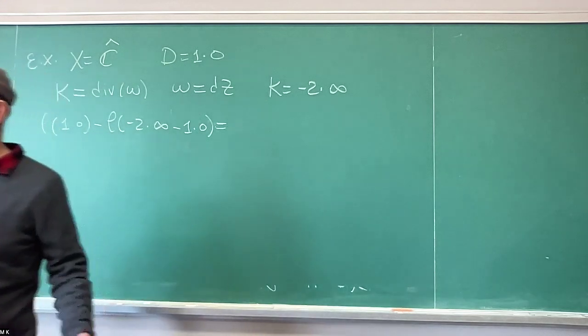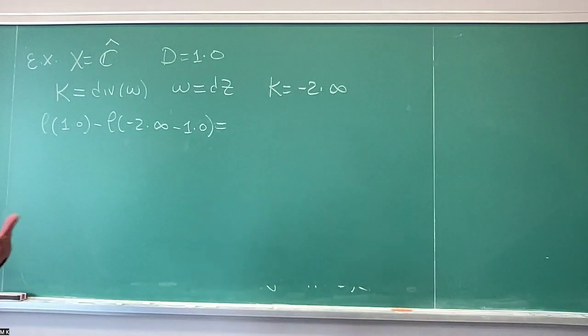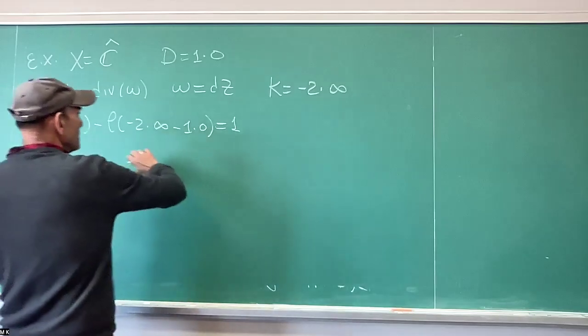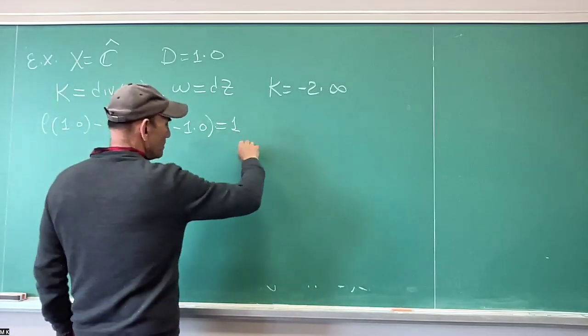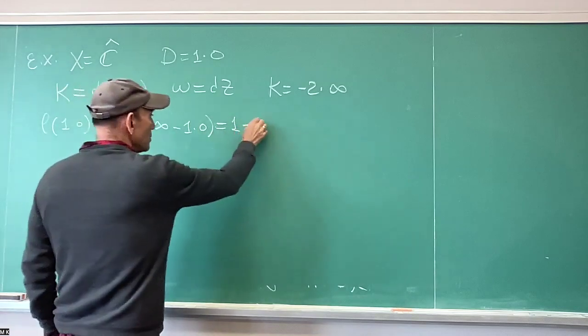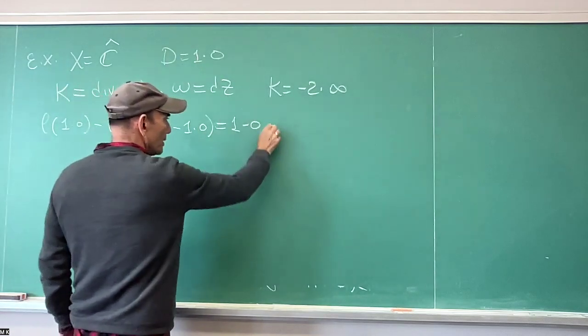Don't doubt yourself, you're right, 1. You just add all these things. What is genus of this guy? 0, and then plus 1, right?